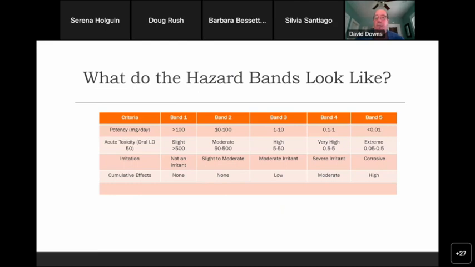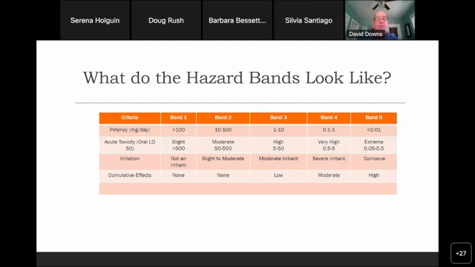If it's greater than 100 milligrams per day, that means it's not a highly potent material. And then as you get to lower doses, to a point where the potency is less than 0.01 milligrams per day, that's something that is highly potent, and therefore would be in a higher band.